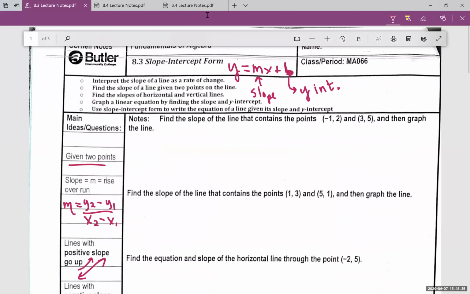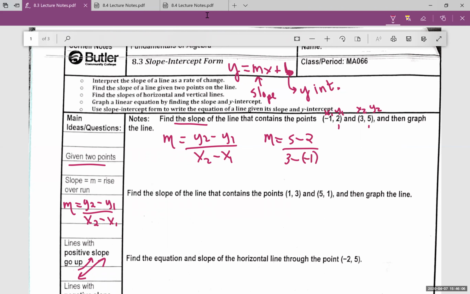All right, let's do some more examples. This first one is just simply find the slope. I like to label my points x1, y1, x2, y2, so I don't get confused. But remember, m is y2 minus y1 over x2 minus x1. So let's substitute. That's going to be 5 minus 2 on the top, and x2 minus x1, that's 3 minus negative 1 on the bottom. 5 minus 2 is 3.